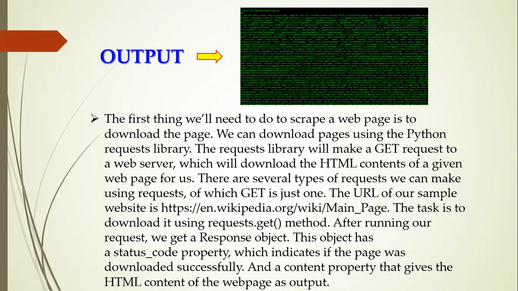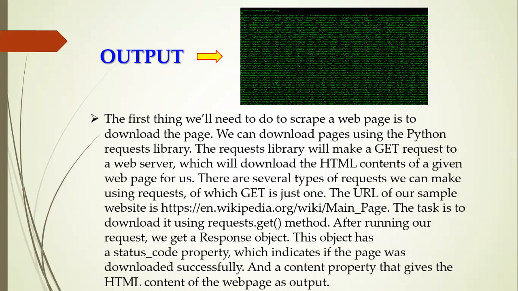We can download pages using the Python requests library. The requests library will make a GET request to a web server, which will download the HTML contents of a given web page for us.